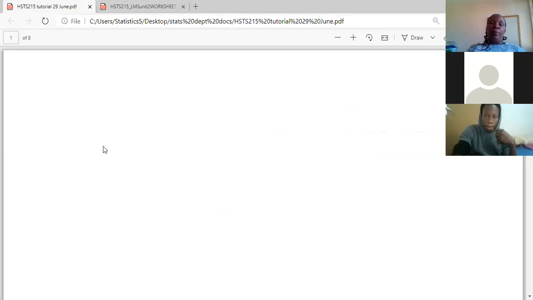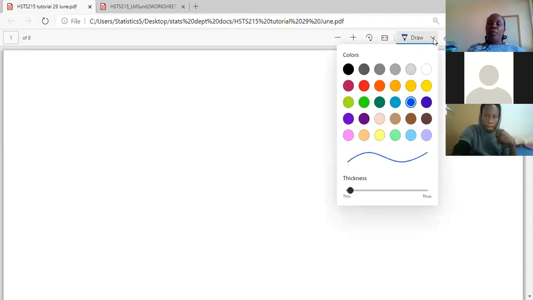Unfortunately, I couldn't prepare that beforehand, so I will try to illustrate by drawing. Looking at our question, can you see that I'm sharing the HSTS 215 tutorial 29 June, which is just a blank page where I'm hovering my pen? Yes. It's okay. If it's shared, that's fine.